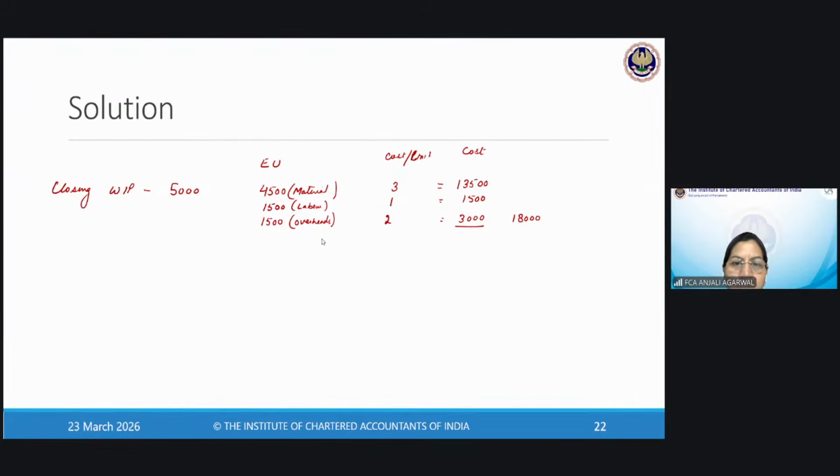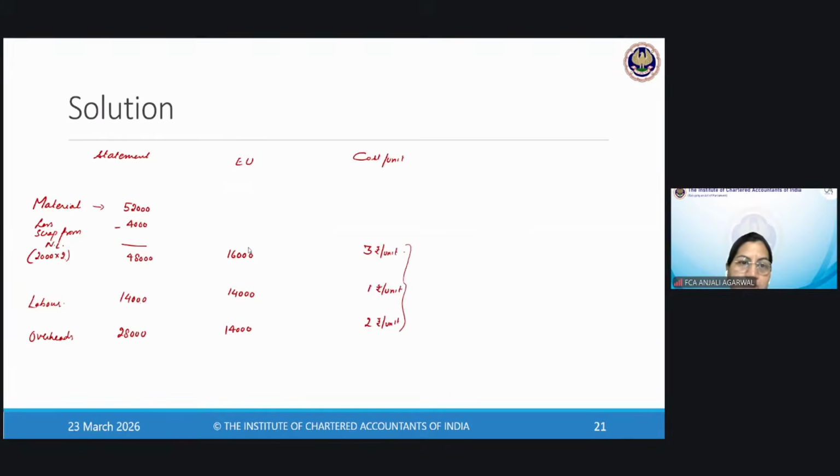Once again, there is a message in the chat window. So if abnormal loss is there, say 1,000 units, then scrap to be deducted is 2,000 normal and 1,000 abnormal from material cost. Scrap is to be deducted 2,000 into 2 from the material cost. Abnormal loss scrap will reduce the costing P&L account loss. From here, you will deduct only 4,000.